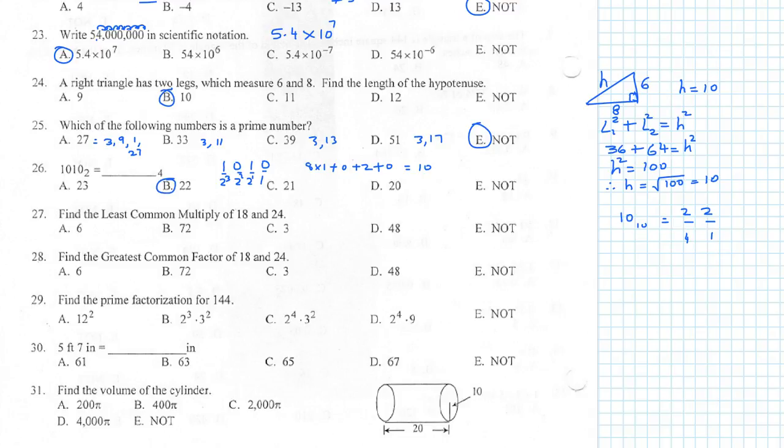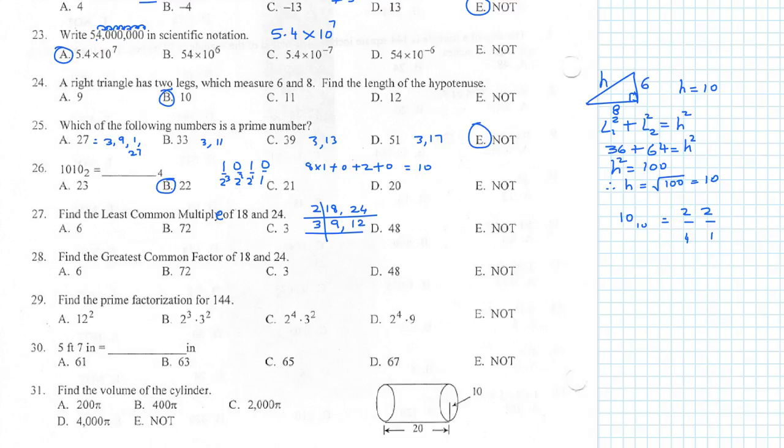What is the least common multiple of 18 and 24? One way to do this is you write the two numbers side by side and write down the common factor, which is 2 in this case. The remainder is 9 and then 12, and then we take another factor common to 9 and 12, which is 3.